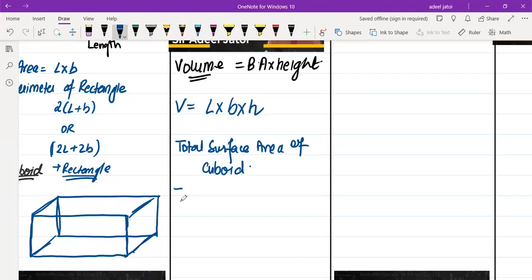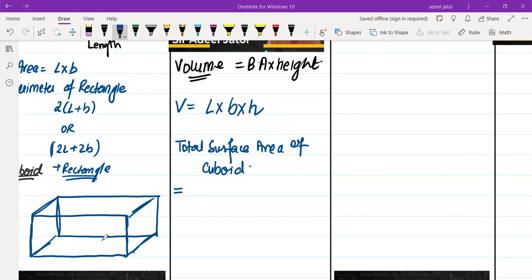Surface area is basically when you add up all the areas of the shapes in the figure. If you look at this, we have a front rectangle, a back rectangle, a rectangle on the right, a rectangle on the left, a rectangle at the bottom and a rectangle at the top.